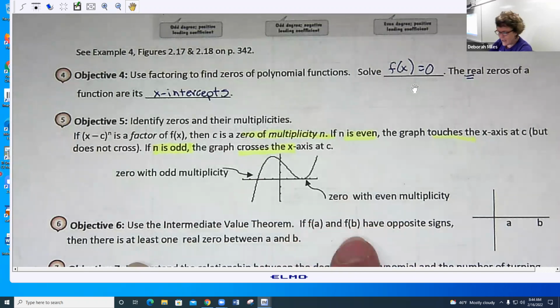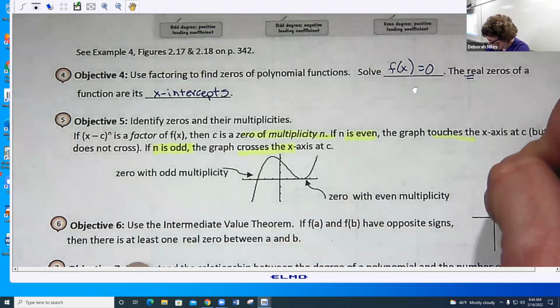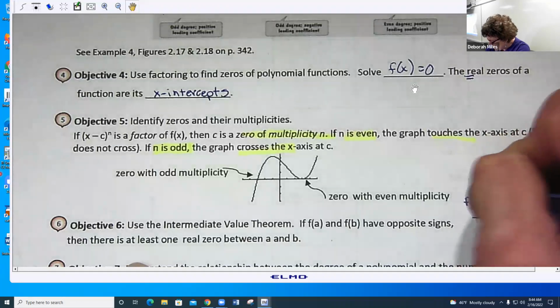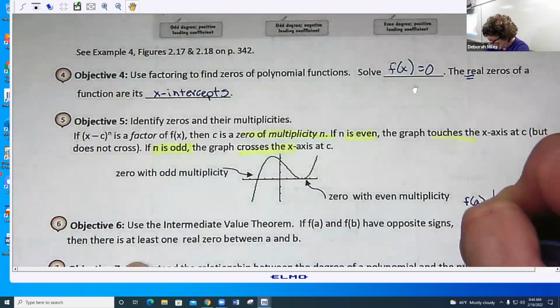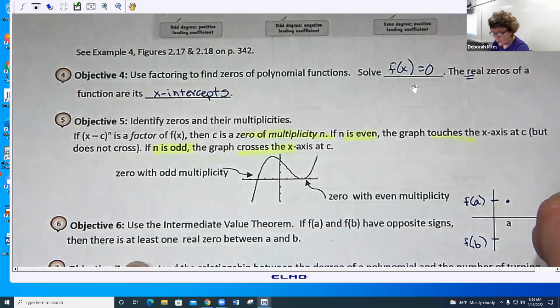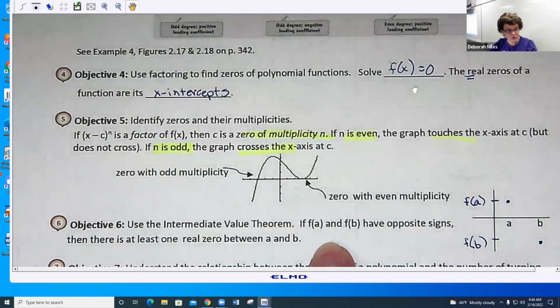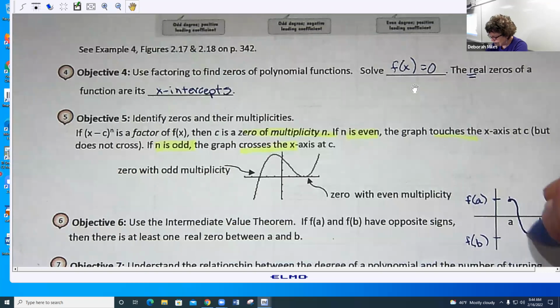If those two y values have opposite signs, let's say f of a is up here and f of b is down here. Now, based on the fact that polynomials are continuous, they don't hop, skip, or jump, to get from here to here, you have to cross the x-axis somewhere.